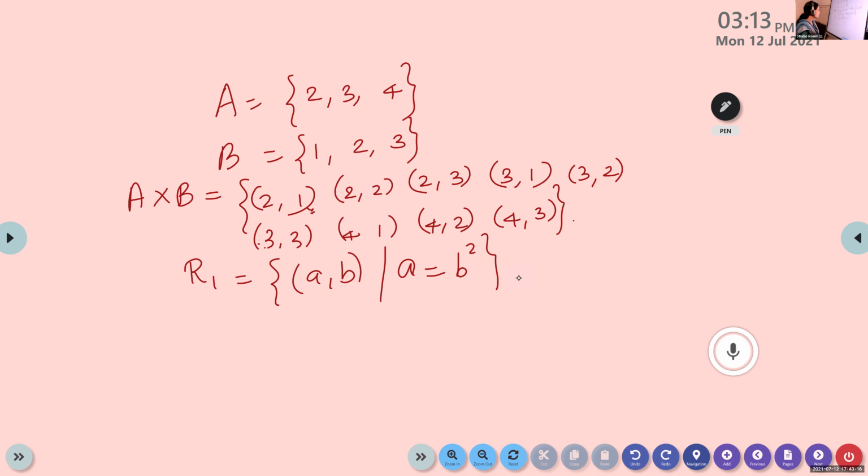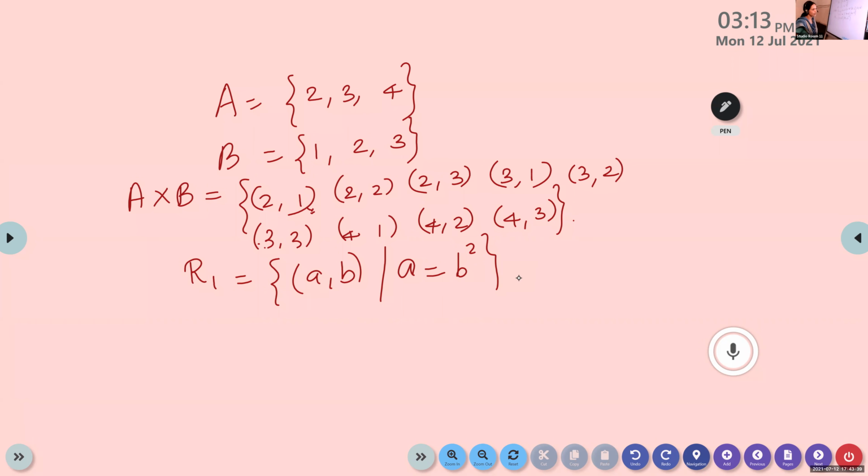So which are the possible elements you will get in R1? Find out.